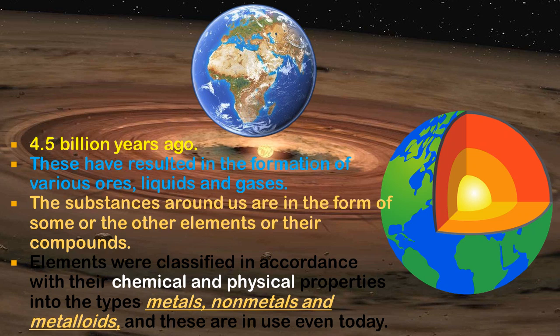So students, metals mainly contain solids, and non-metals we have gaseous and liquids, and metalloids are the substances having both characteristics, like metals as well as non-metals. Today we are going to get more information about all these in this lesson.